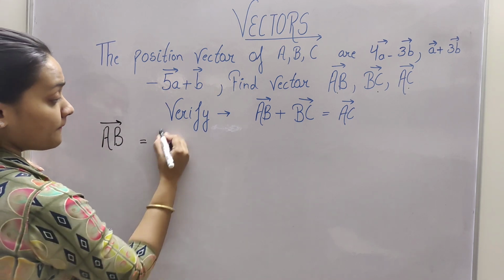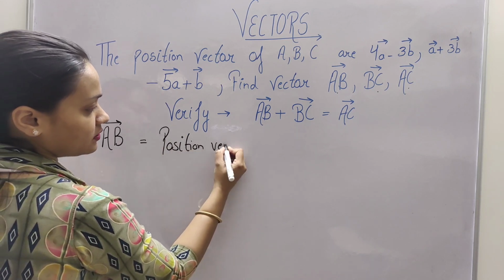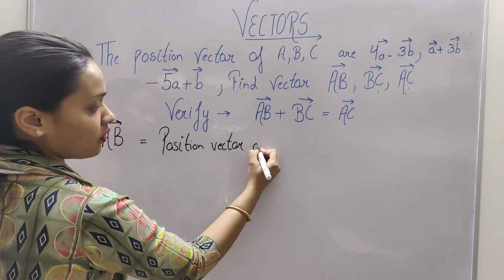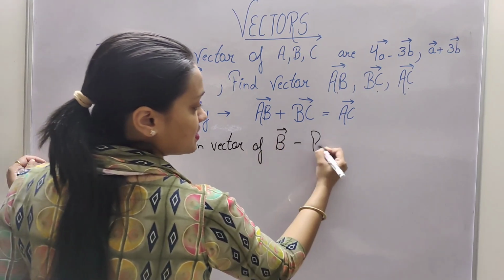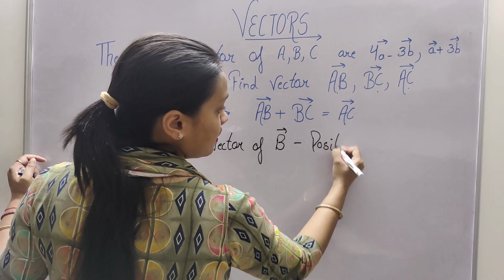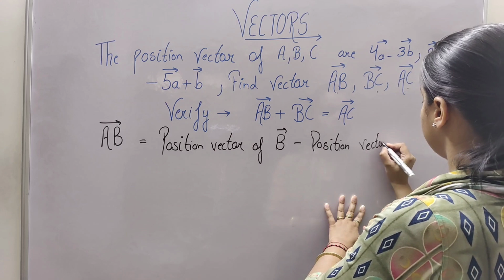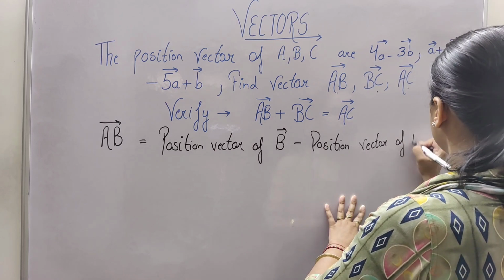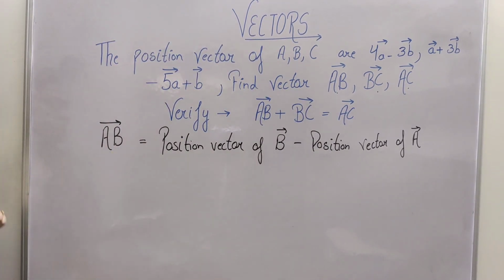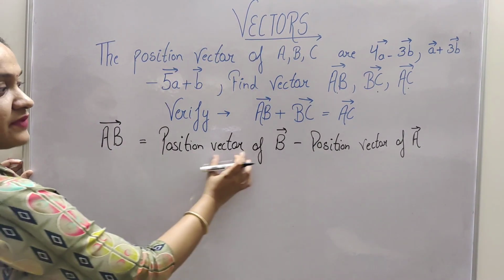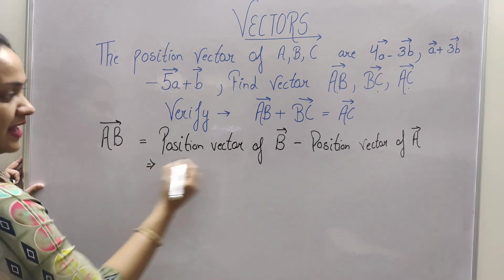Firstly, you have to write position vector of B minus position vector of A. So what you have done is AB vector is found by position vector of B minus position vector of A. So write the values.